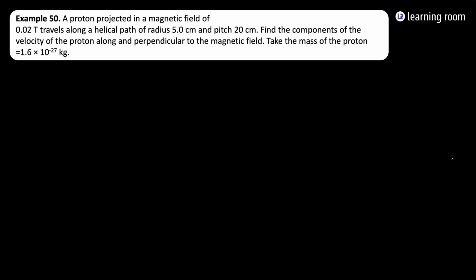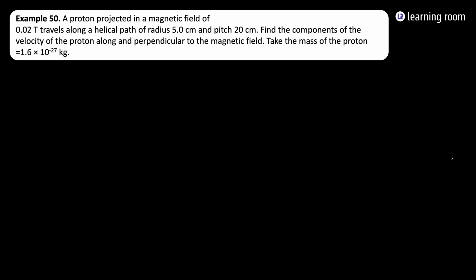Apply those two formulae, it will give you the answer directly. If you read the question carefully, the hint is there itself. Write down the data first. So what is the value of magnetic field? 0.02 Tesla. Travels in a helical path of radius 5 centimeters.